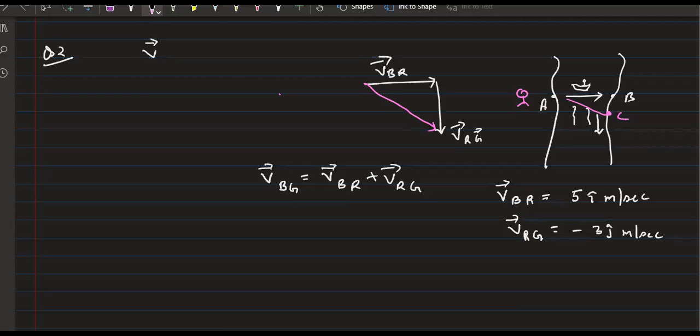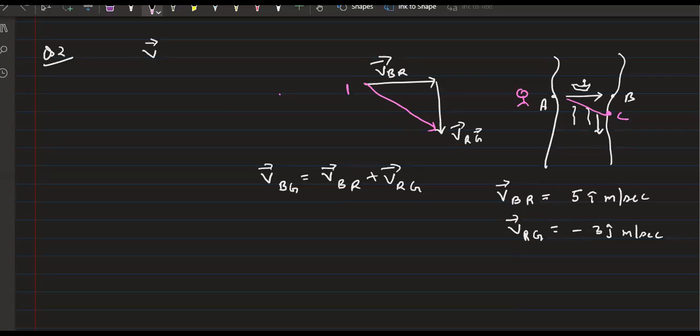If you are sitting on a boat and you want to row across this river, and the river is not flowing, then you will reach point B, directly opposite to A, if you're just rowing in this x direction. But if the river is also flowing, there will be two components of motion: x because of the rowing and y because of the flow of the river. So the motion becomes two-dimensional, in this direction.